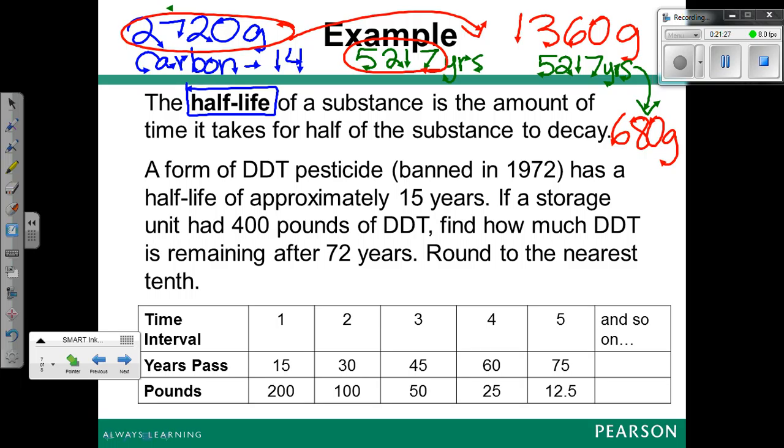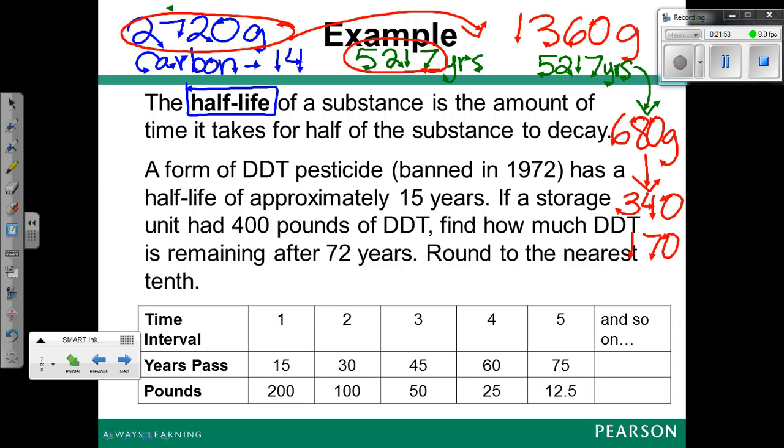Do you guys think this amount will never be zero? Most likely it will not. There cannot be a single day where it turns to zero, because if you split everything in half, it still cannot turn to zero. Every 5,217 years, it will go to half. So then it will be 340, and then 170, and so on.